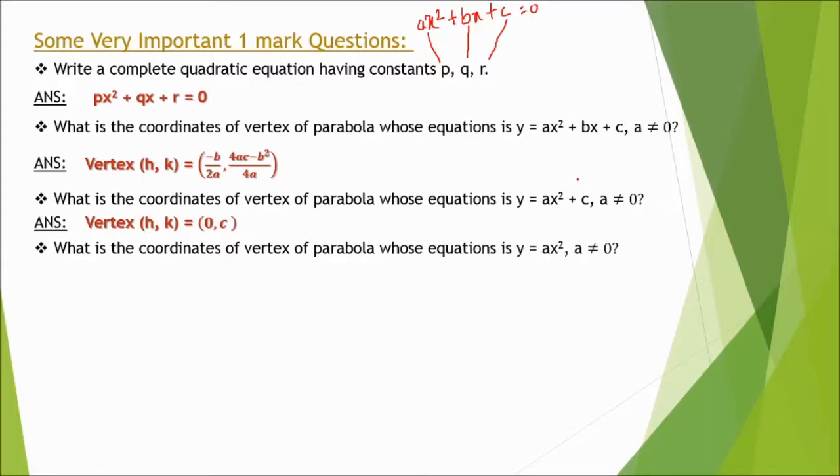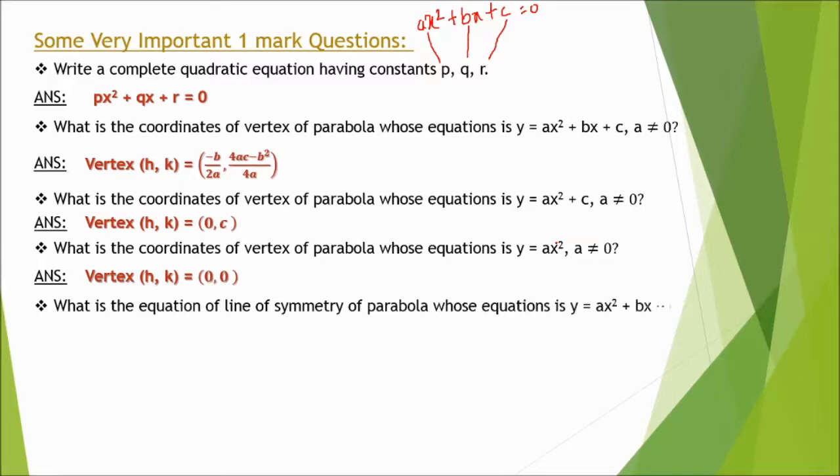What is the coordinate of the vertex of the parabola whose equation is this? It is from the characteristics: the vertex is h comma k equal to 0 comma 0. And what is the equation of the line of symmetry of the parabola whose equation is y equal to ax square plus bx plus c? The equation of the line of symmetry is x equal to minus b by 2a.